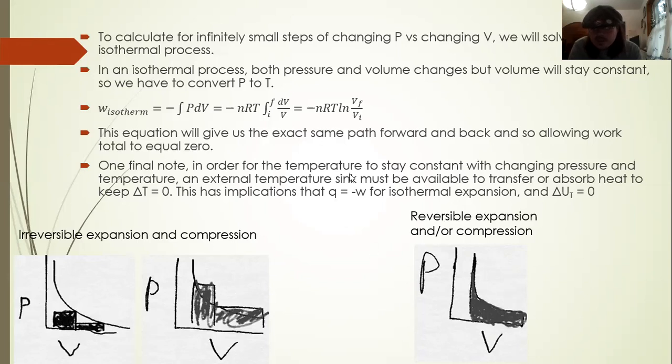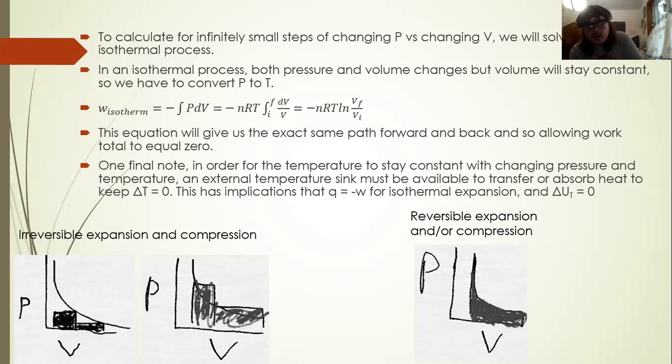In order for the temperature to stay constant with changing pressure, an external temperature sink must be available in order to transfer heat in. So as this work is being done, heat must flow in to keep the temperature constant. So to keep our delta T 0 means Q in will equal negative work out.